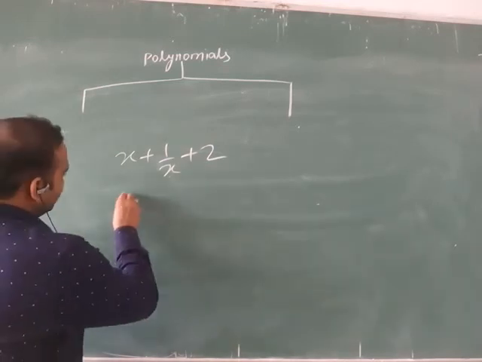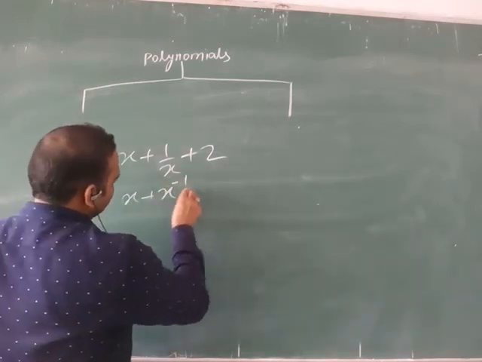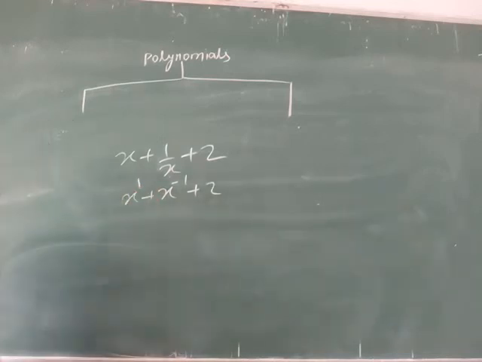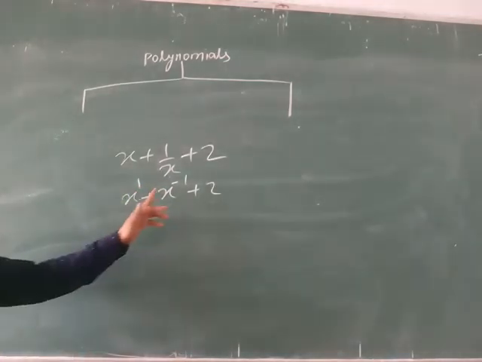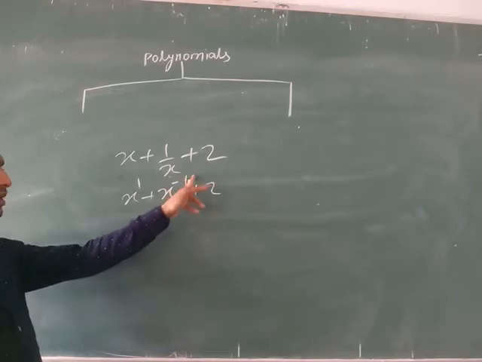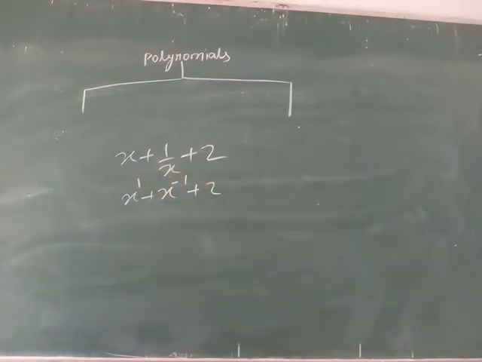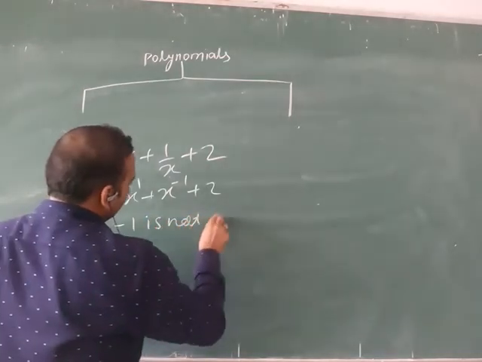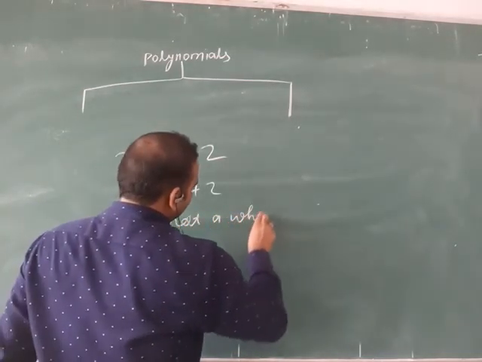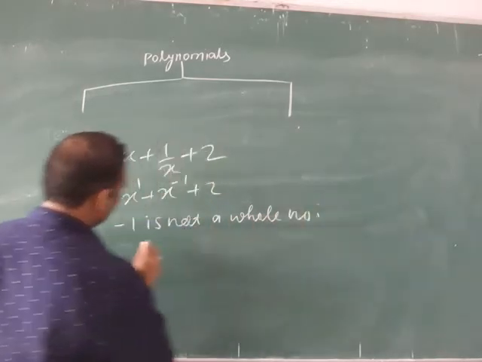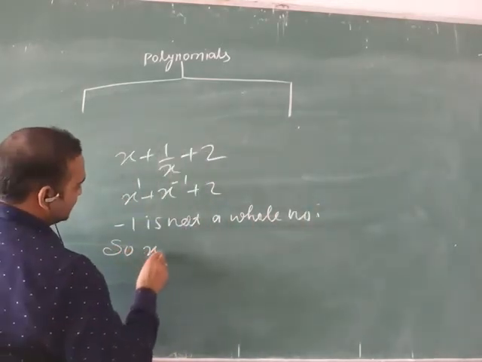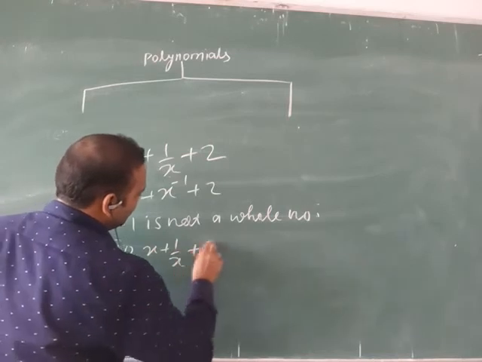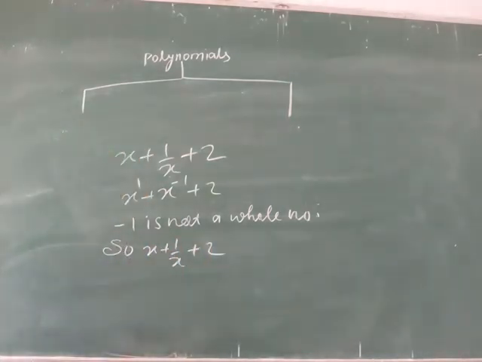First we will write it as x plus this one. And here the powers of the variables are -1 and here +1. And -1 is not a whole number. So x plus 1 by x plus 2 is not a polynomial. So we cannot determine its degree or anything else.